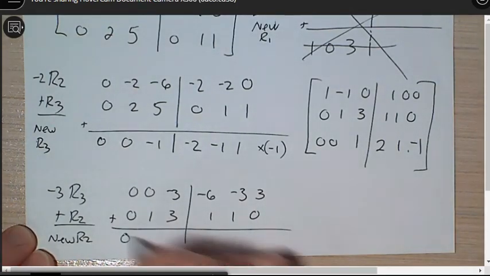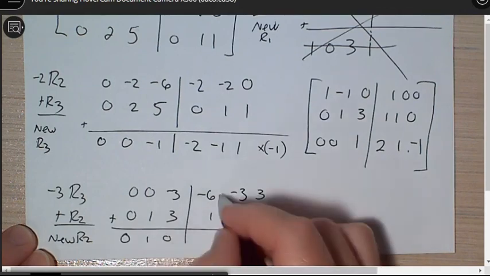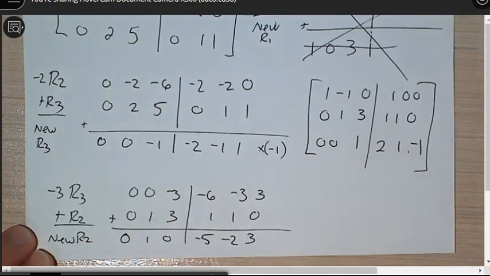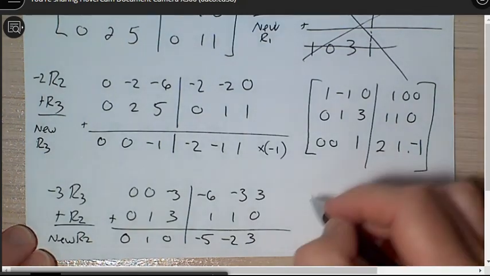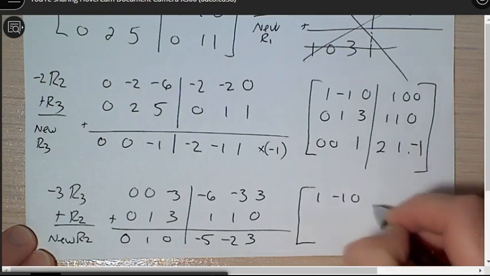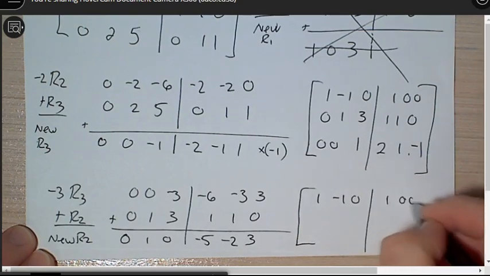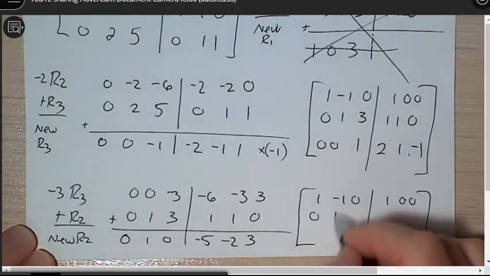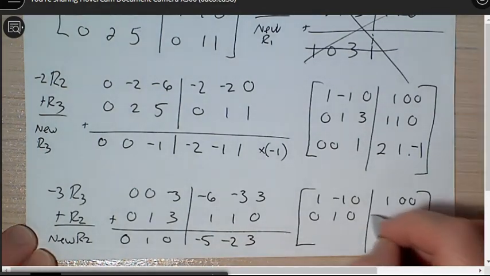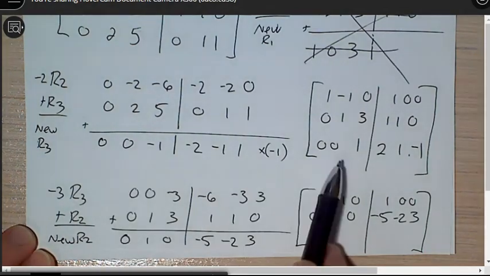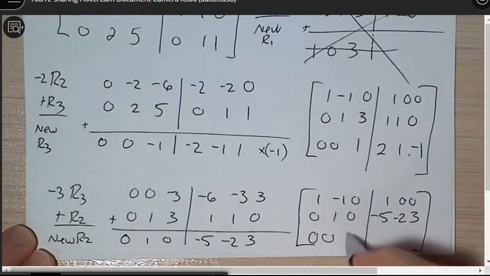Okay, so 0, 1, 0, -5, -2, 3, and then this row stayed the same, 0, 0, 1, 2, 1, -1.